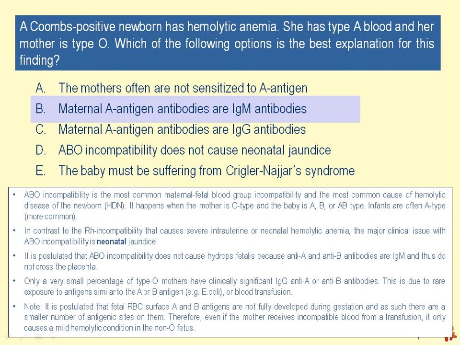Note also that it's postulated that fetal red blood cell surface A and B antigens are not fully developed during gestation, and as such, there are a smaller number of antigenic sites on them. Therefore, even if the mother receives incompatible blood from a transfusion, it only causes a mild hemolytic condition in the non-O fetus.